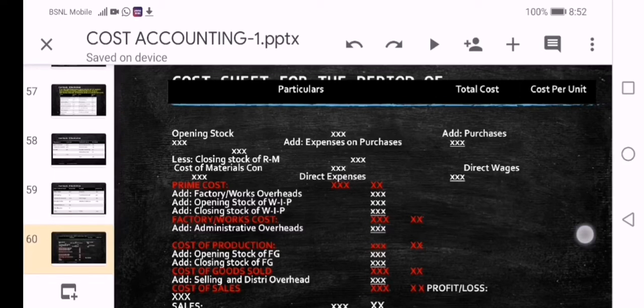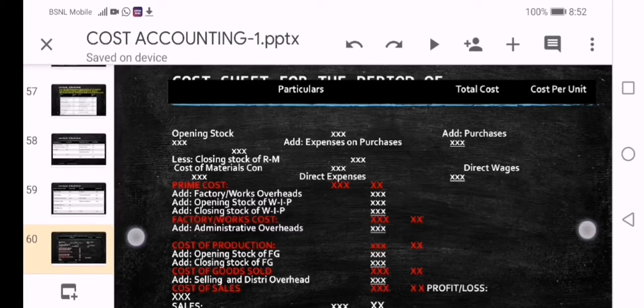Once you add all these selling and distribution overheads, you will get cost of sales, for which again find out the cost per unit. And the last stage is to find out whether profit or loss. Once the cost of sales is available, leave space for profit and loss in the row, and write the value which is given in the problem.